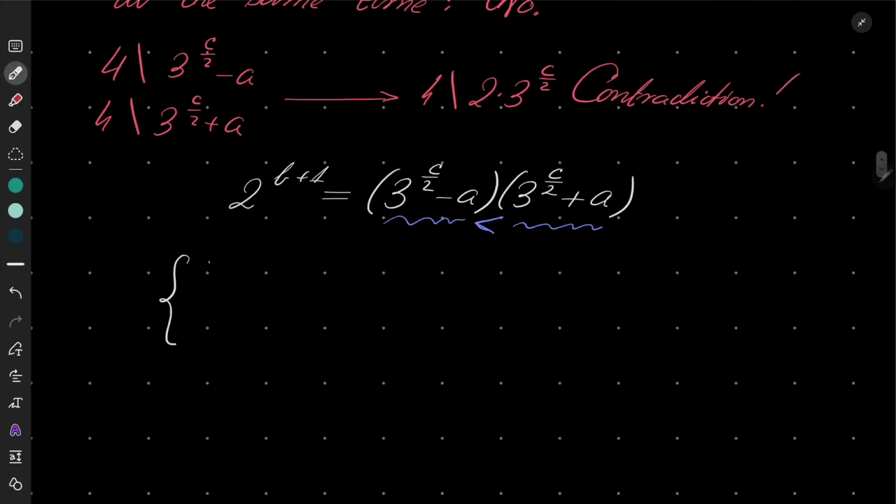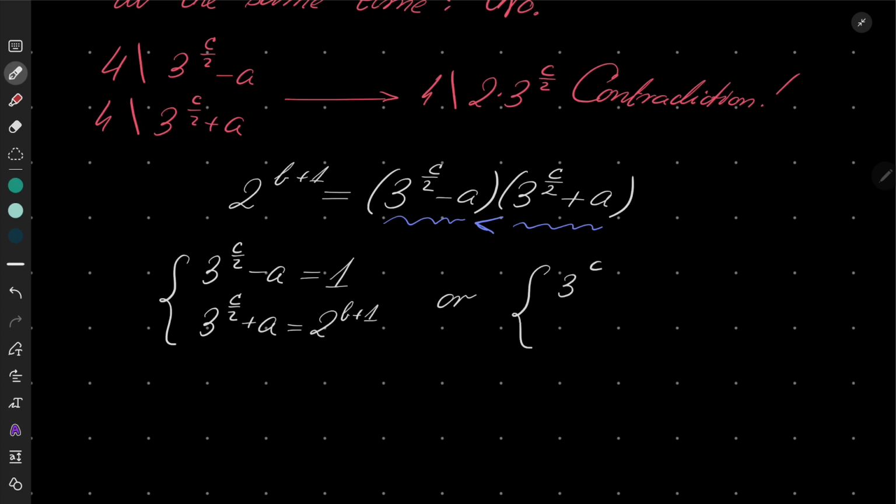Either the first factor is 1 and the second factor is 2 to the power b plus 1. That's one possibility. Or the other possibility, that one factor is equal 2 and the other equals 2 to the power of b.